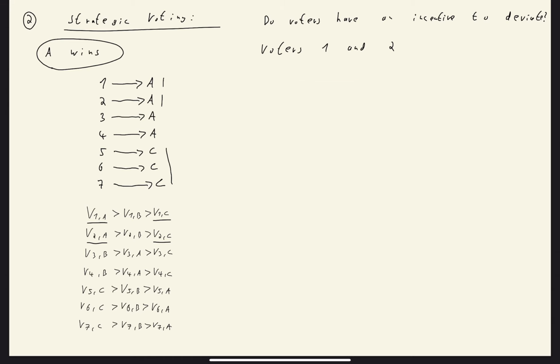Voters, I think 3, 4, and 5, so here, here, and here, they have the same preferences. So then we check now voters 3, 4, and 5.